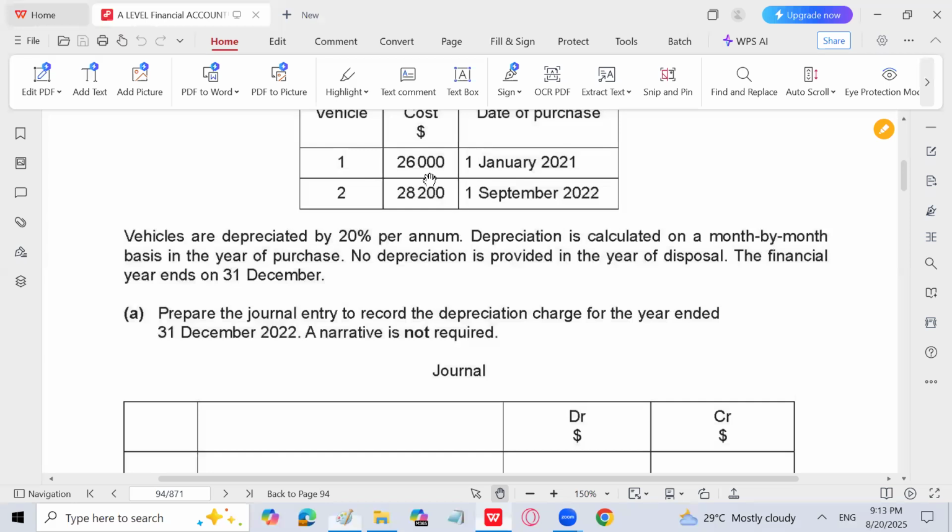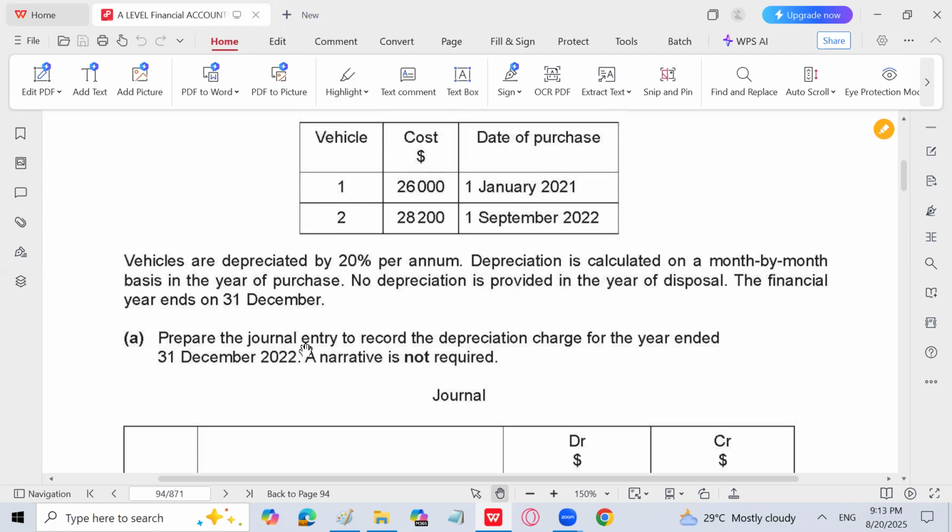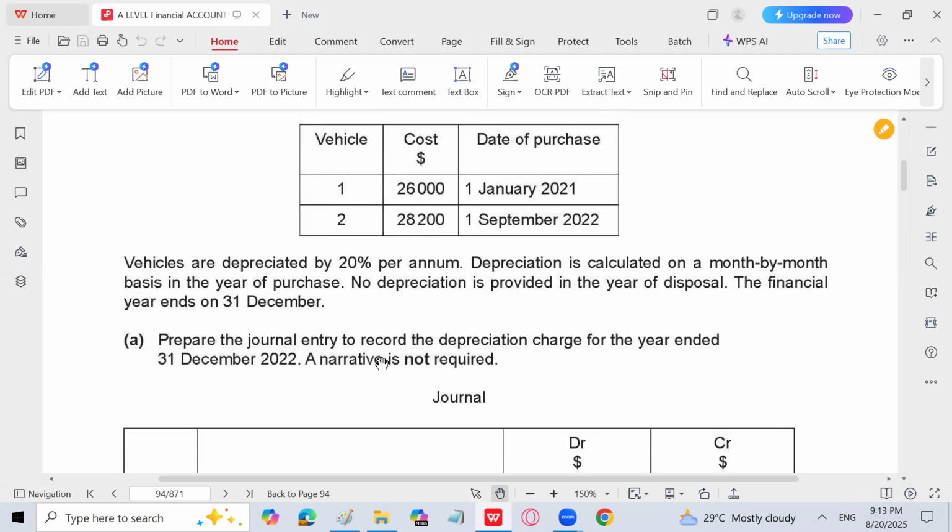26,000. We have to calculate depreciation for 31st December 2022. The normal way to calculate depreciation is to see how many assets we have in the year 2022 which have been used during the year. This 26,000 cost of asset has been used during 2022 also. As we are using the straight line method, we can calculate depreciation easily on the cost of the asset.